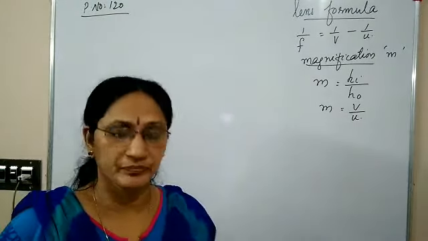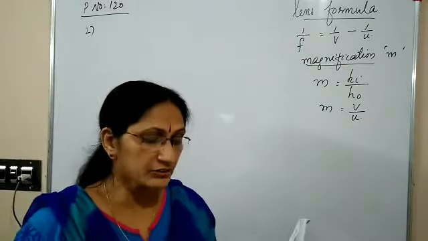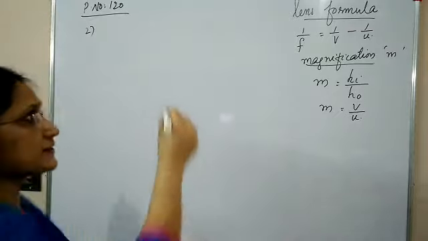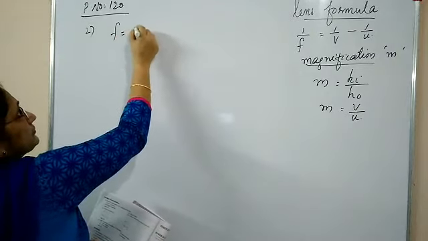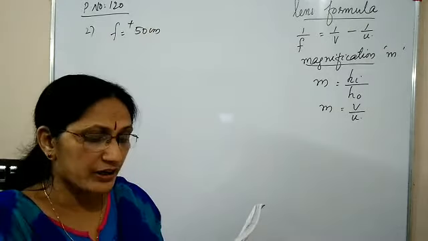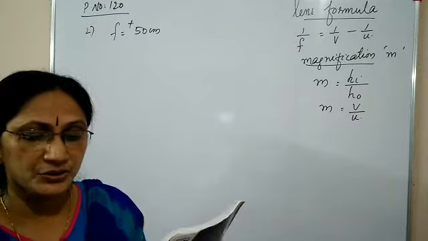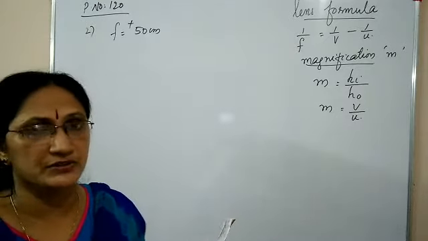Next numerical, second one. Focal length of a convex lens is 50 centimeter. Since it is a convex lens, positive sign. Where should an object be placed to get a virtual image twice the size of the object?